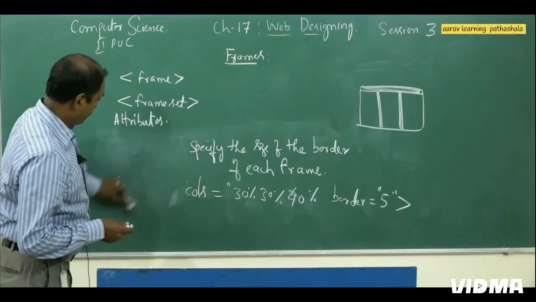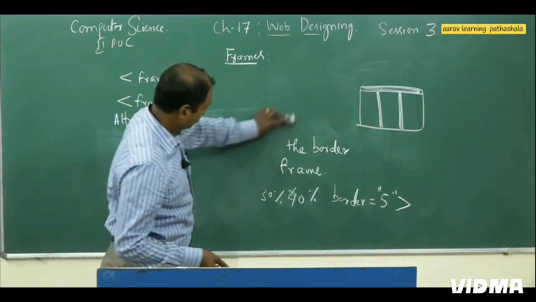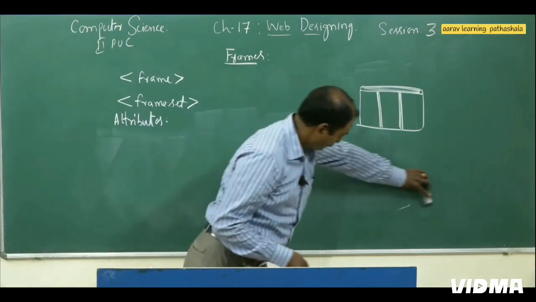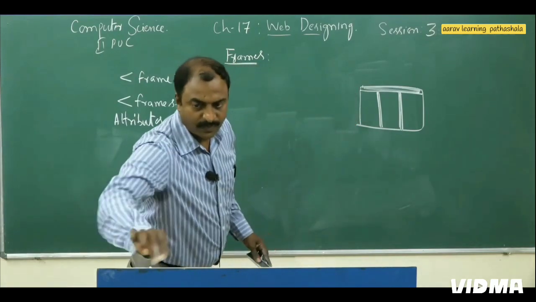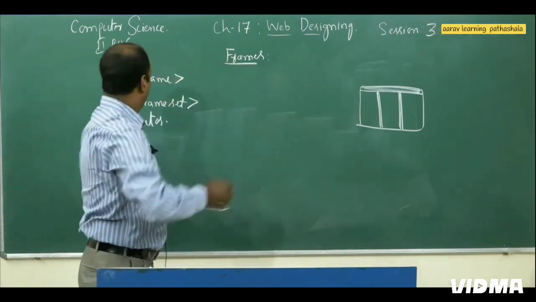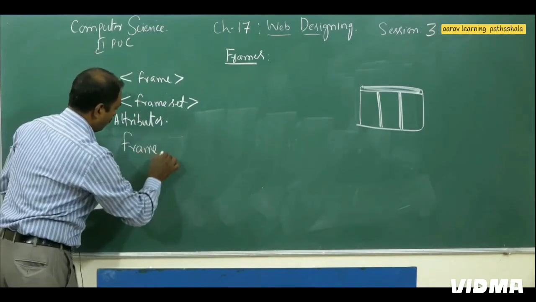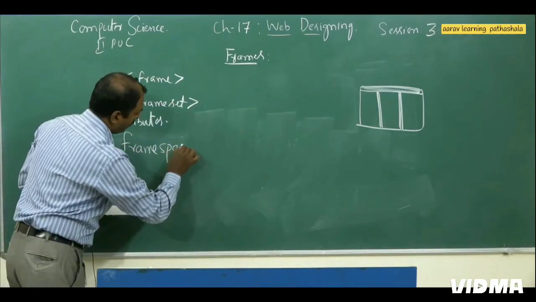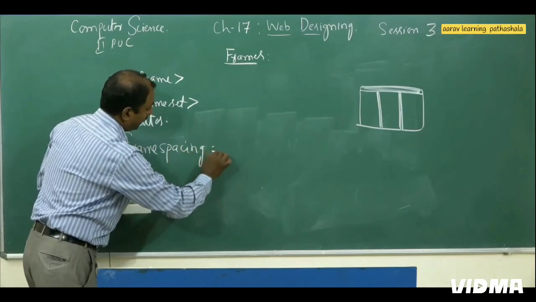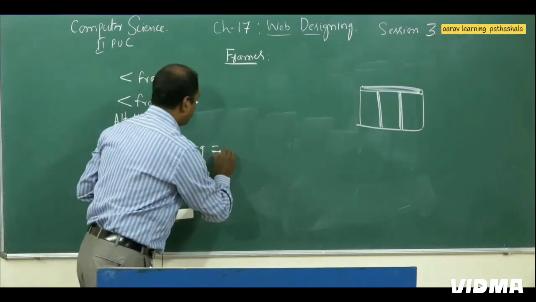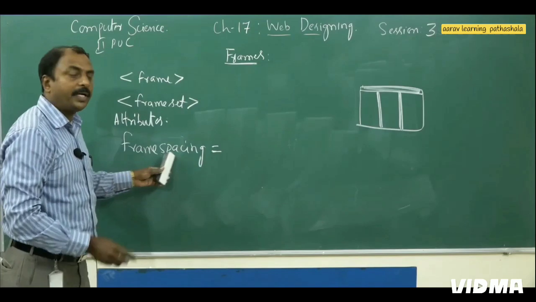The next attribute is frame spacing. Frame spacing is one of the attributes.